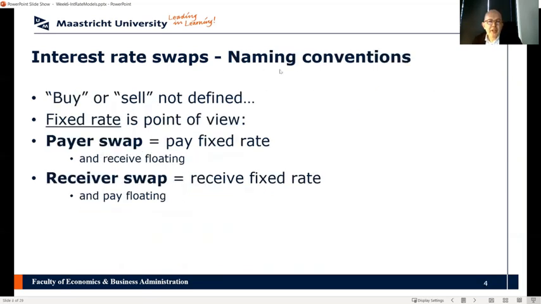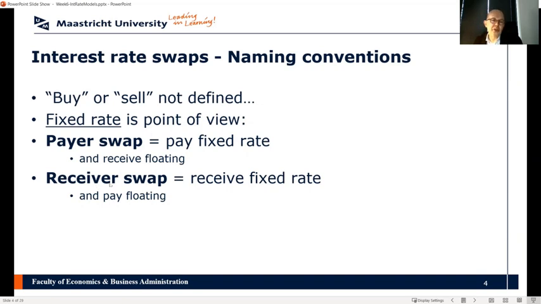When we talk about interest rate swaps, because it is like a forward contract, because you are simultaneously exchanging something, you cannot say I'm buying something or I'm selling something, because two parties are simultaneously exchanging payments. So the naming convention is based on the fixed rate point of view. When we talk about a payer swap, it means that from my perspective, I am paying the fixed rate and I'm receiving the floating.